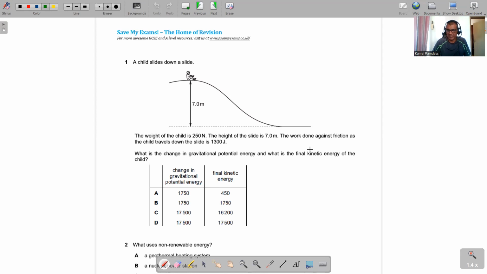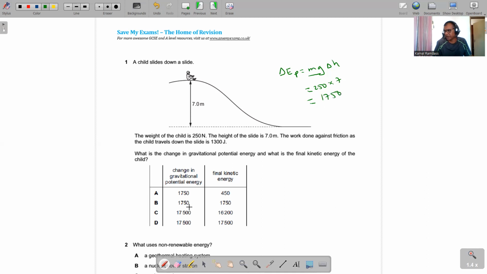Bon, déjà là, on bien connaît que gravitational potential energy, delta EP is equal to mg delta h. Ça veut dire mg c'est 250 fois 7. 250 fois 7, c'est 1750 joules.